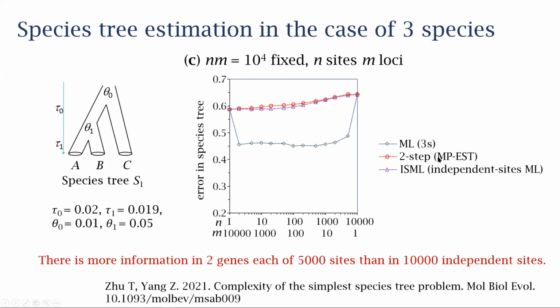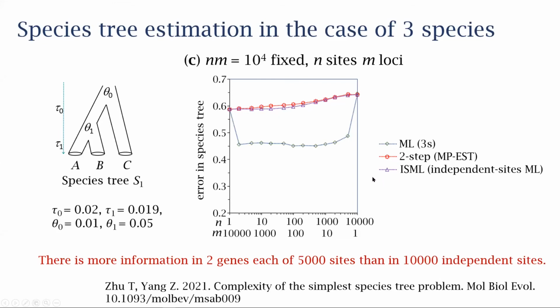This is done by Liang, Liu, and Scott Edwards and others. And there's another one that we call the independent sites ML. This is similar to the SVD quartets, except that we are applying this to rooted trees and 3 species.